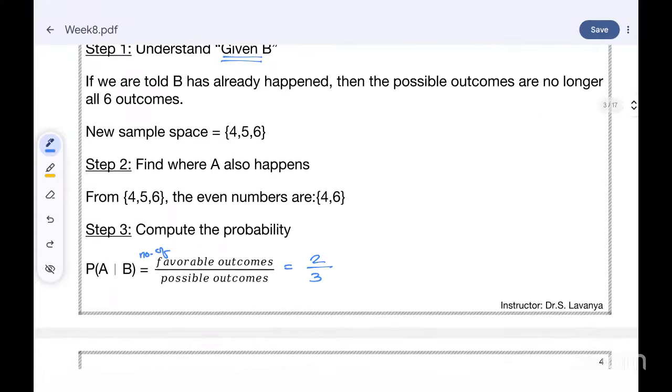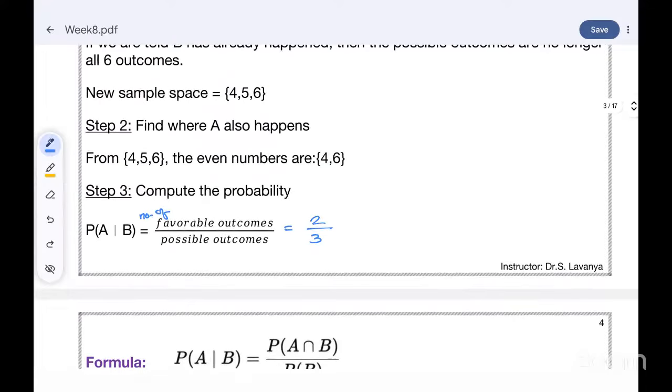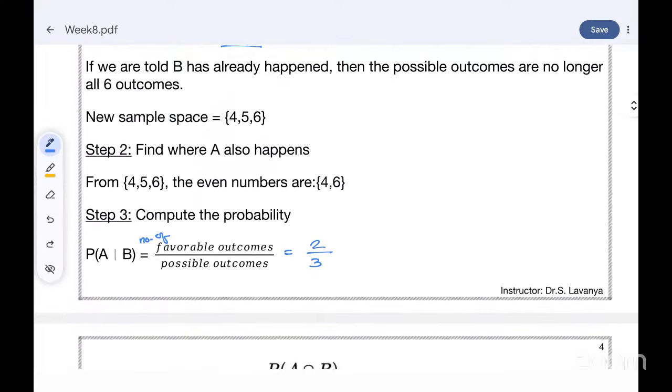Now, there is a formula for conditional probability, given by this formula. You can relate it to what we did earlier. We were first looking at B, the number of entries of B. What are 4 and 6 representing?